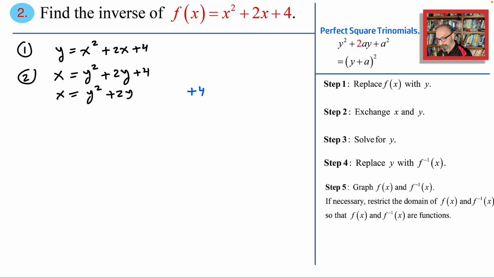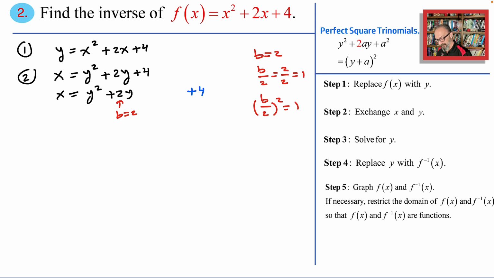Now, I do have b equals 2. To complete the square, we go to the side and we take b, which is equal to 2. We take half of that, which is 2 over 2, and that's a 1. We square half b. That's a square of 1, which is still 1.